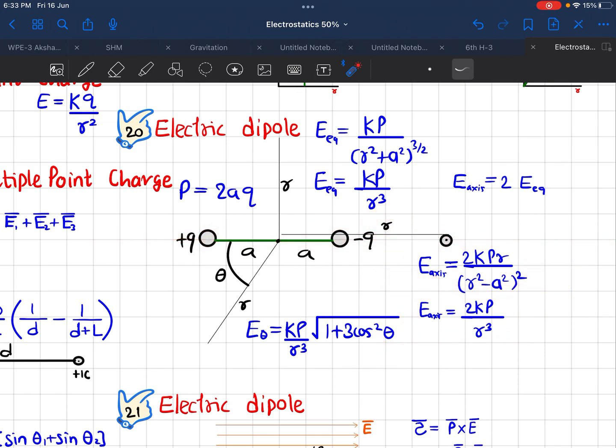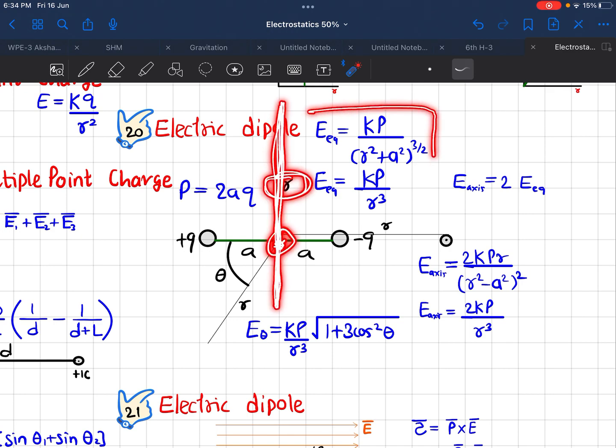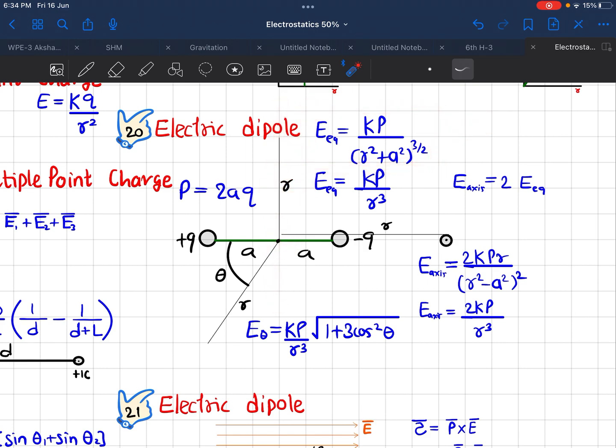Next, electric field intensity of a dipole along the equator. What is the equator? The equator is the perpendicular bisector of the electric dipole. Electric field intensity of a dipole along the equator at a distance r is E equator = kp/(r² + a²)^(3/2).